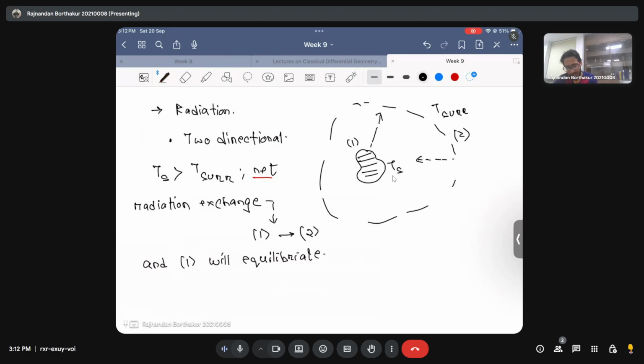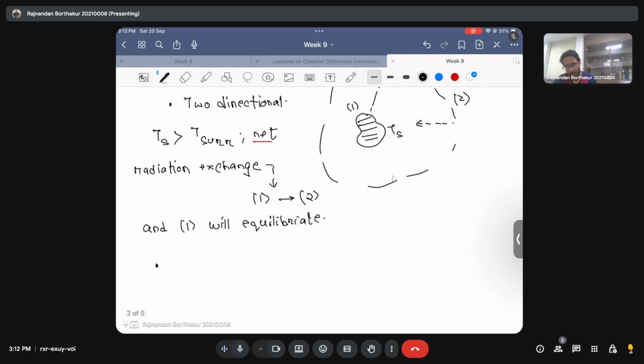That's the first idea. The second idea that you have already been told is that radiation heat transfer takes place without the presence of any material medium. It doesn't require any material medium.